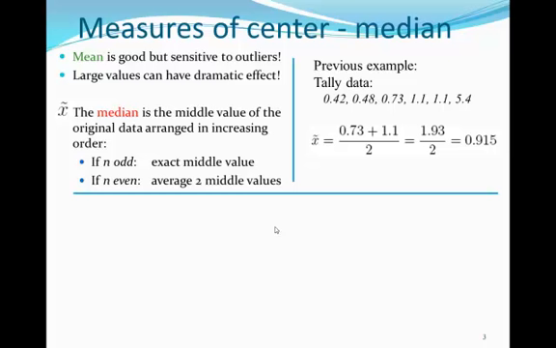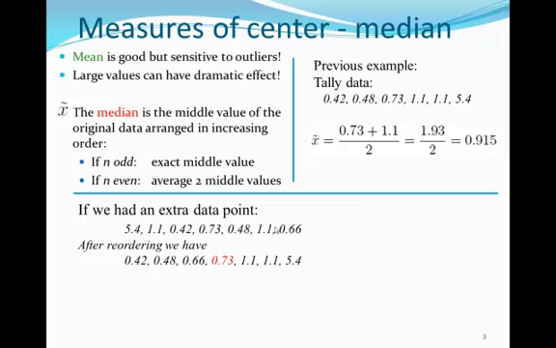The middle two are 0.73 and 1.1. So we add 0.73 plus 1.1 divided by 2. We get 1.83 over 2, which is equal to 0.915. This is way below the benchmark 1.5, which matches the reality of the data set.